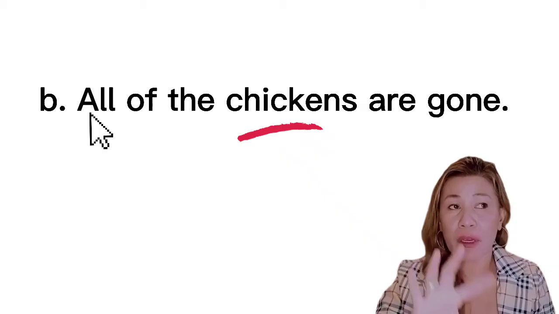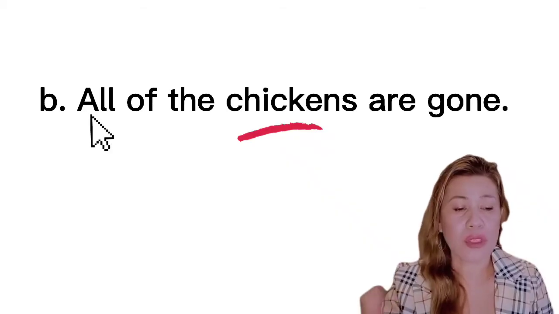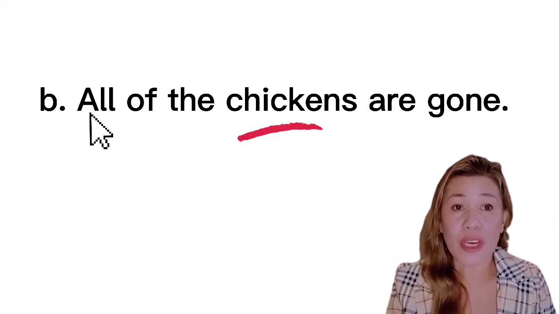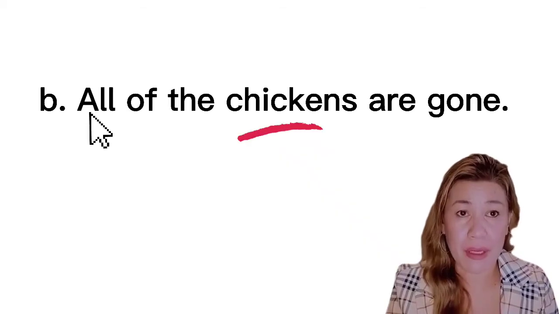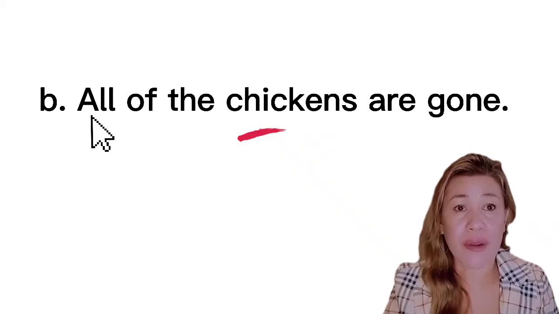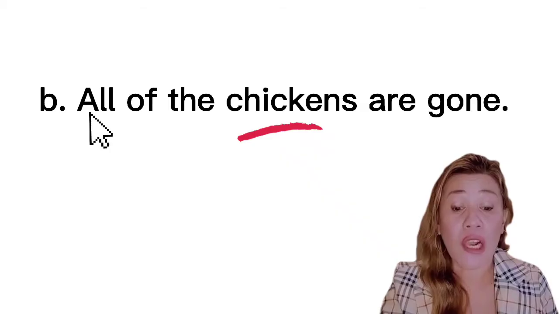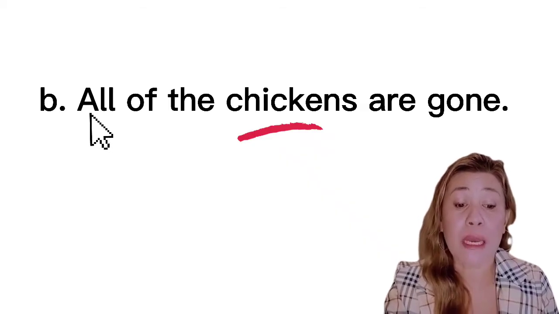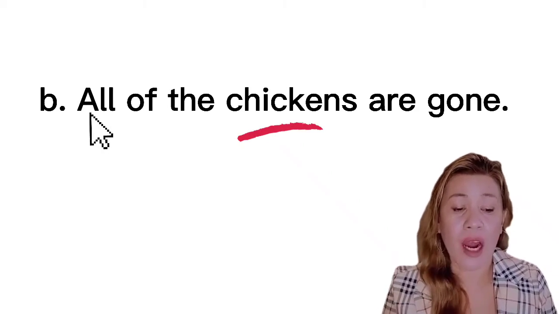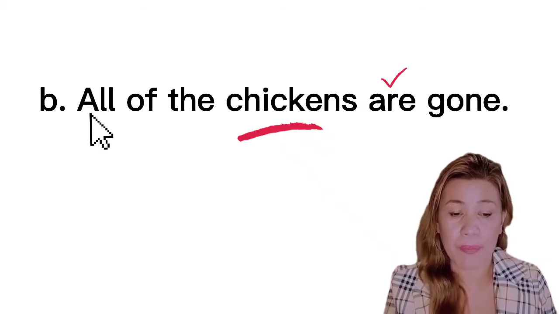And therefore, remember that when we have all, some, any, more, most, and none, and other mathematical expressions, our object of the preposition matters because it will now factor into our decision of considering it as singular or plural. So chickens is plural, therefore all here as our subject is considered plurally, and therefore it will need a plural verb. Hence, our verb are gone, not is gone, as compared to the first example.